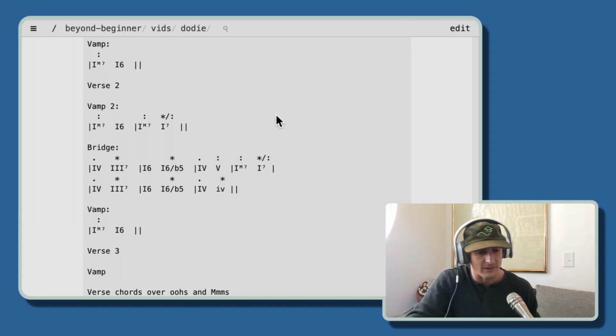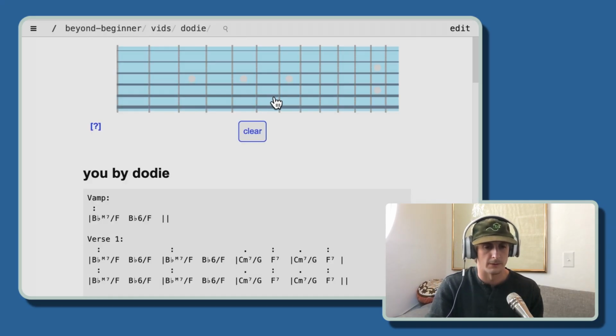So in all reality, the minor 4 would be equal to the 5. Supposed to do it up here. 4 minor, B flat.